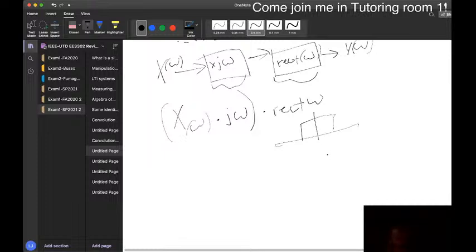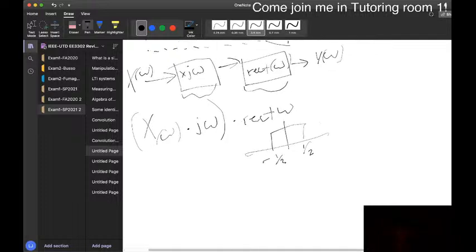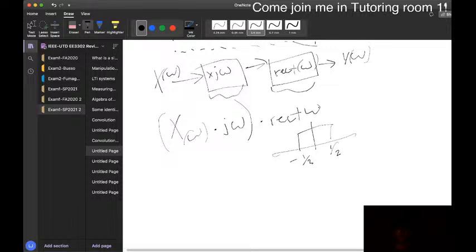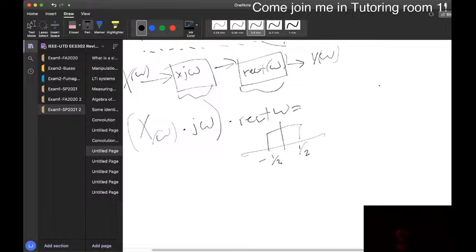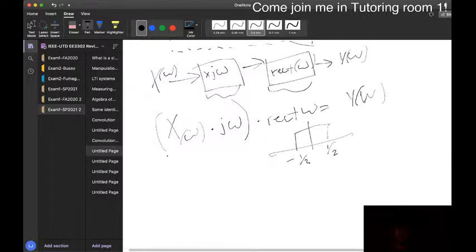So this is just going to have 1/2 and then 1/2. Our output spectrum, y of omega, is going to be all of these things multiplied together.